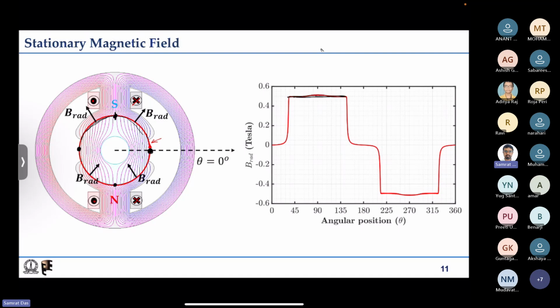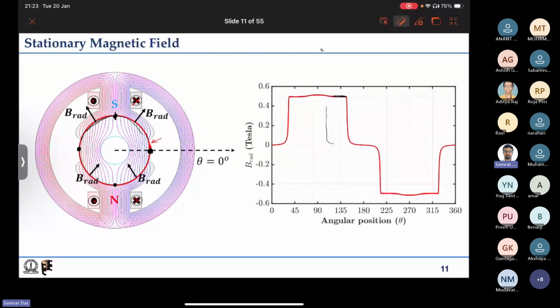This also gives you the answer why we increase the pole shoe area. Had we not increased it, our distribution would only look something like this, right? This is how our distribution would look, but we want to have more non-zero magnetic field in the air gap. That is why we tend to increase the pole shoe area, in order to have more area with non-zero flux density.